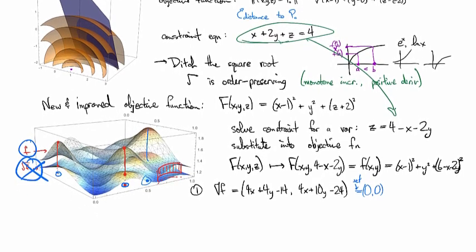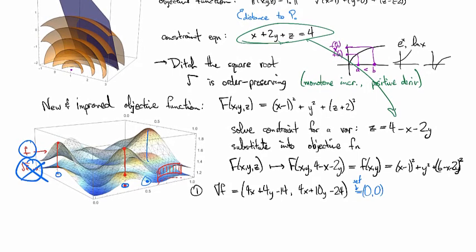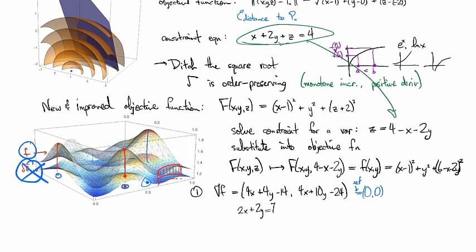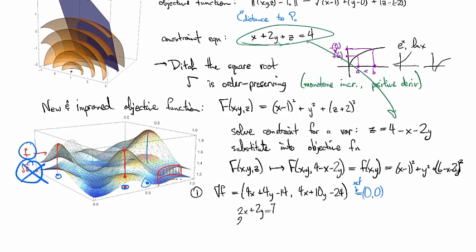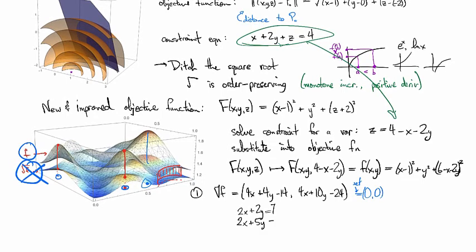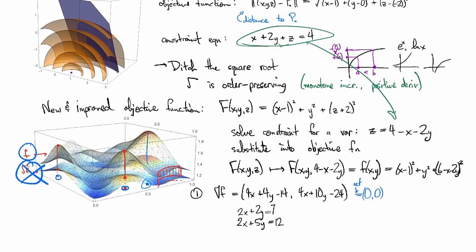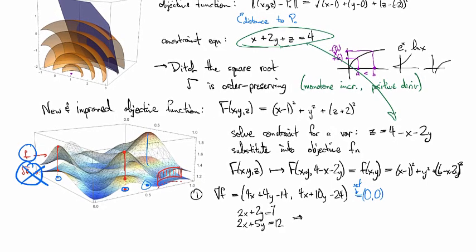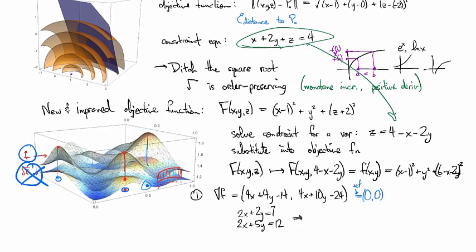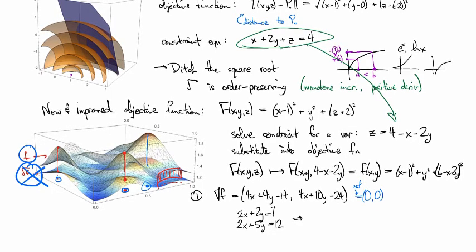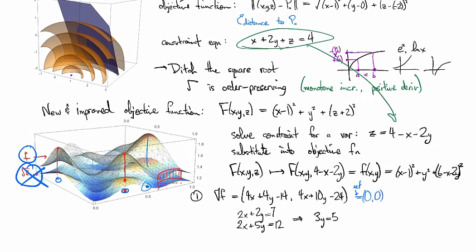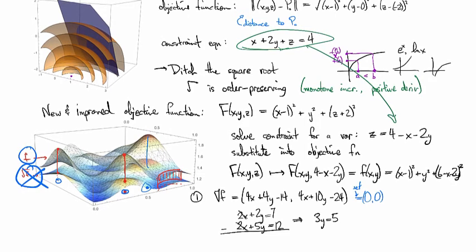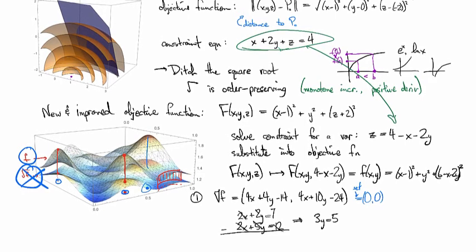And we get a couple of equations. We get 2x plus 2y equals 7 from the first one, and 2x plus 5y equals 12 from the second one. If I subtract the first equation from the second equation, then I'm left with 3y equals 5. I just subtract, and these ones cancel, and this gives me a 3y, and then this one gives me a 5.